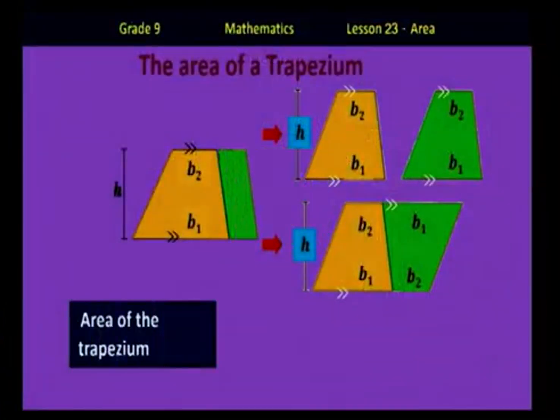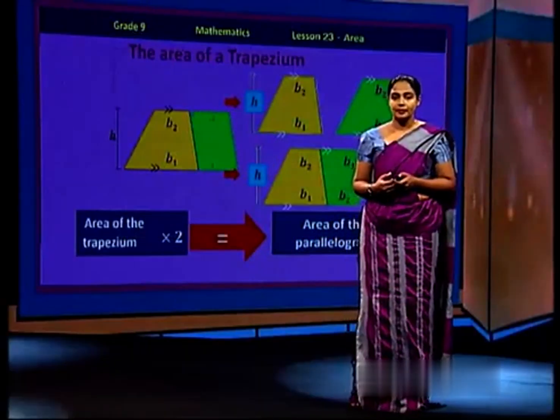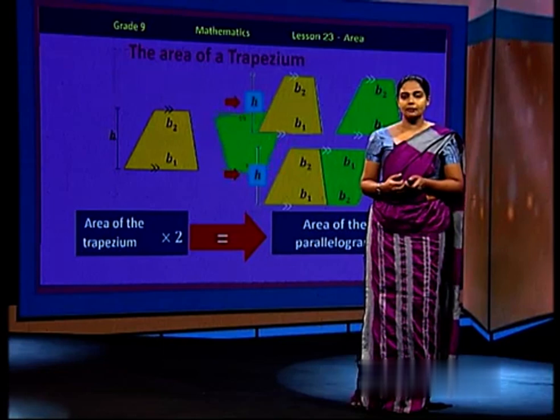Area of the trapezium multiplied by 2 is equal to the area of the parallelogram, because we use two diagrams which are the same in size. Then a parallelogram is formed, so the area of the parallelogram is equal to twice the area of the trapezium.